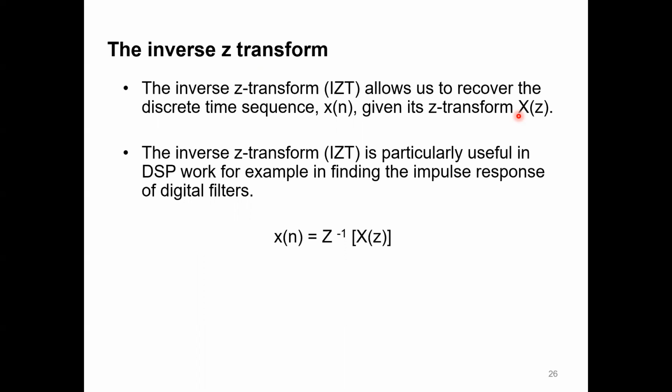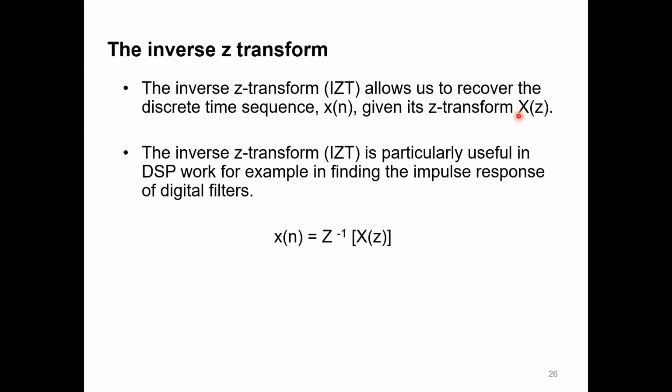Again, we use transforms because we cannot deal with the problem in our normal world, the time-based world, right? So when we transform into a different world, maybe Laplace, maybe Fourier, maybe Z transform in this particular case, there we solve the problem and synthesize the solution there.